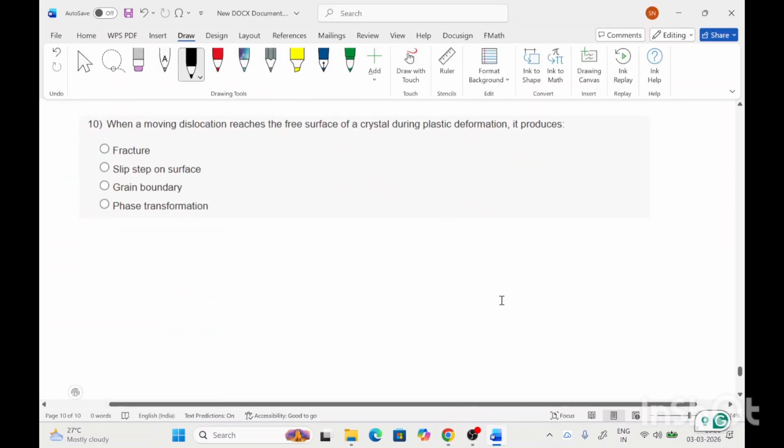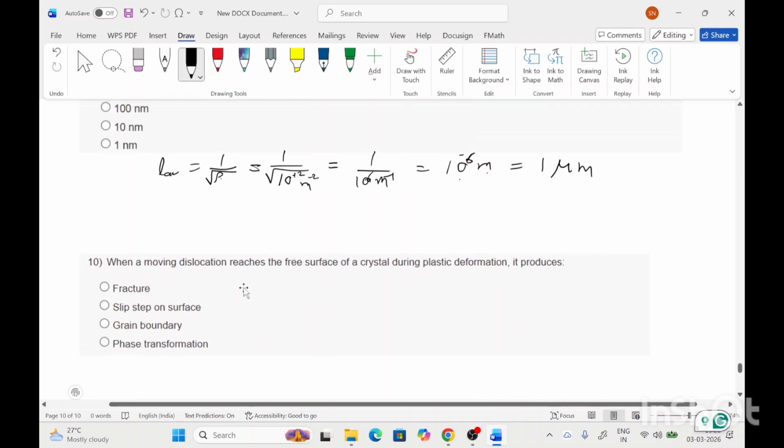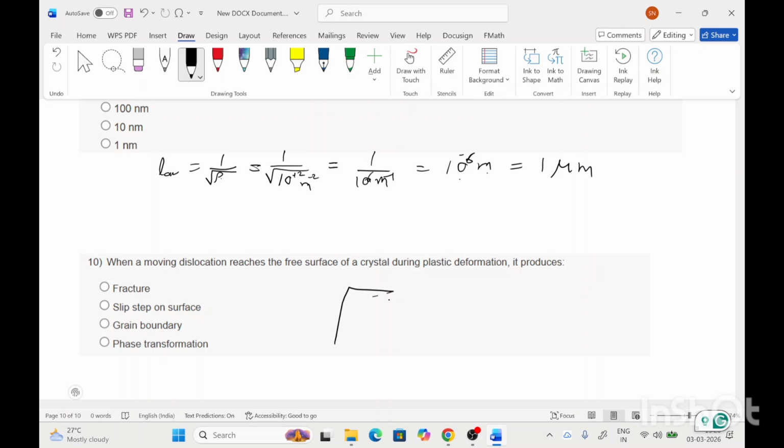Moving to the last question: when a moving dislocation reaches the free surface of a crystal during plastic deformation, does it produce fracture, slip step on surface, grain boundary, or phase transformation? I told that when a dislocation reaches the free surface, it forms this type of step.